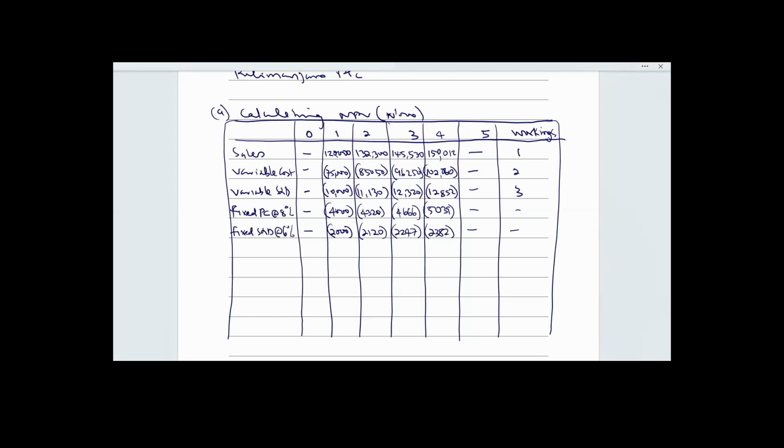Next item, we also have fixed admin cost of 1 million. The fixed admin inflation rate is 5%. The first year price is 1 million. 1 million multiplied by 1.05 is 1,050.